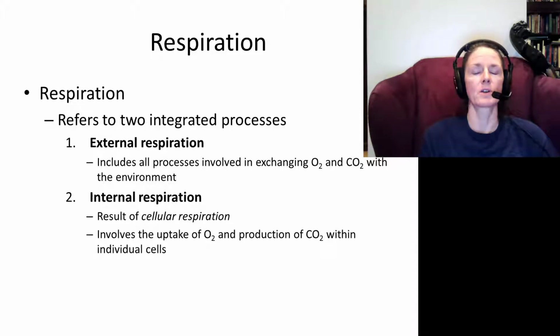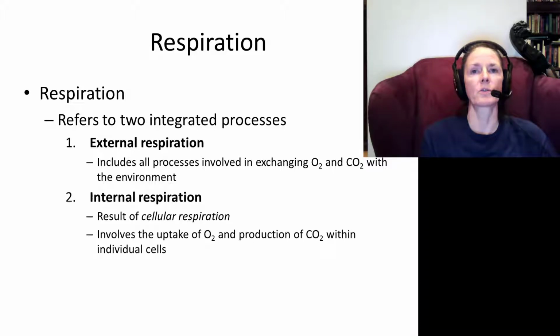Now, internal respiration is what causes us to have the need to do this, because internal respiration comes about because of cellular respiration. What the cells are doing, the mitochondria in the cells, is taking oxygen and creating ATP. And as a byproduct, they create water and carbon dioxide.